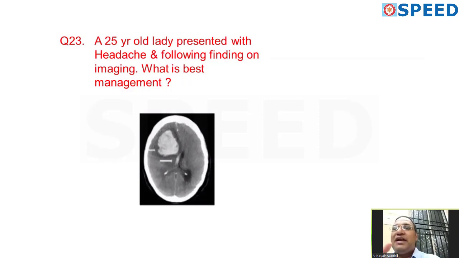No midline shift is seen in the exam. Okay. If there is no gross midline shift, only compression of the lateral ventricles, then go to the options.